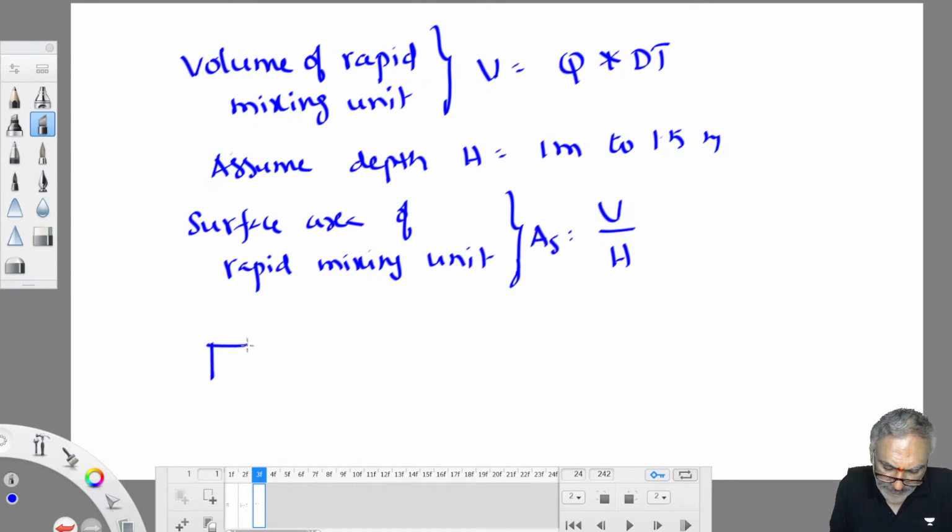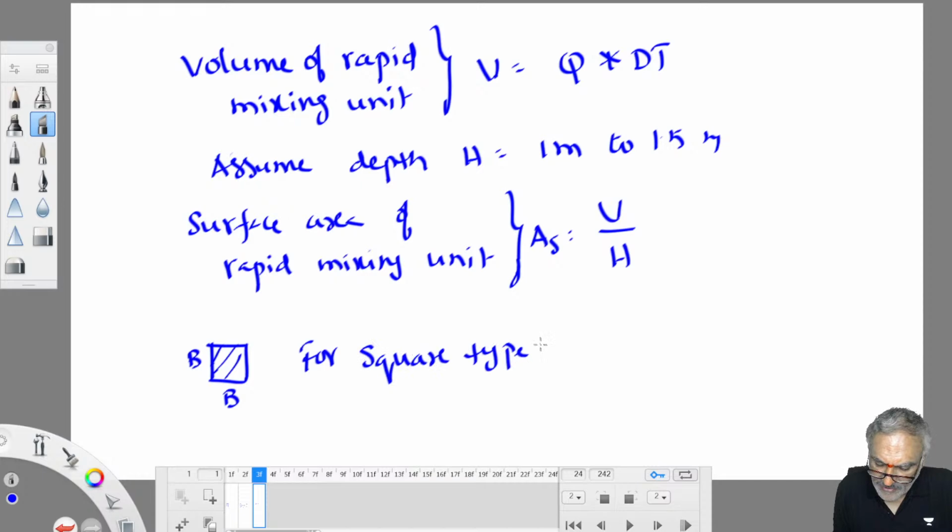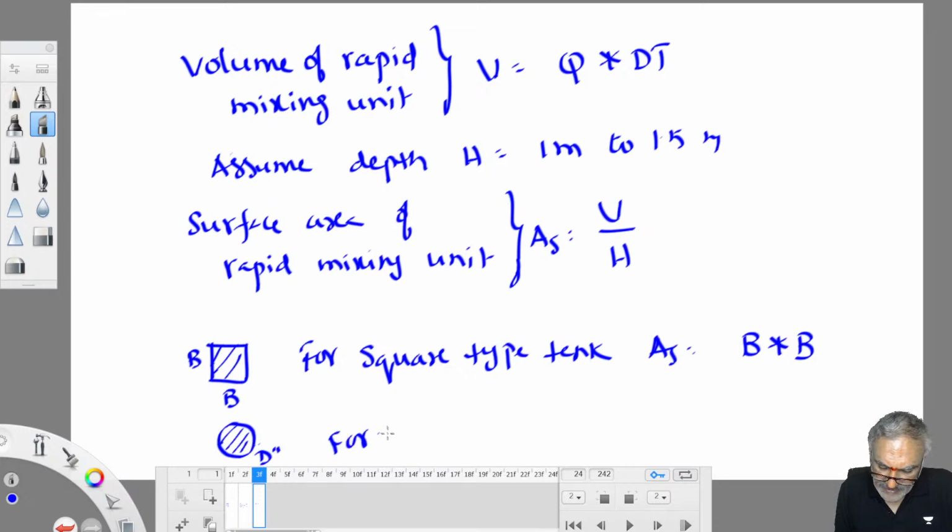For a square type mixing basin, the dimensions are B into B, so the surface area is equal to B into B. For circular tanks, the surface area is taken as pi by 4 d square, where d is the diameter.